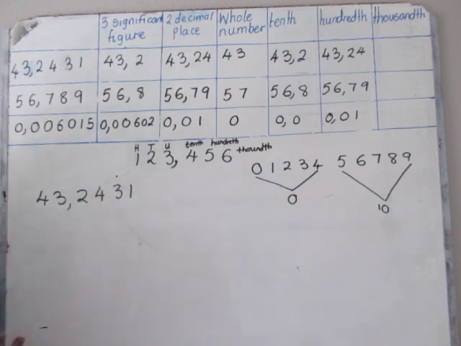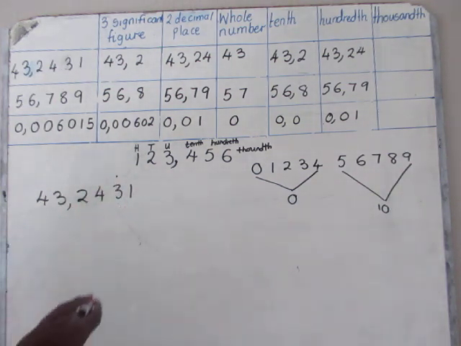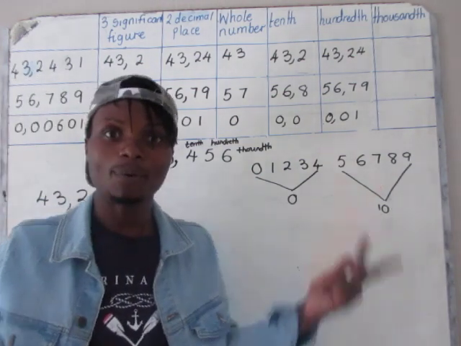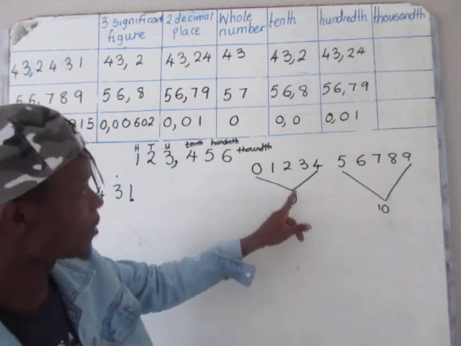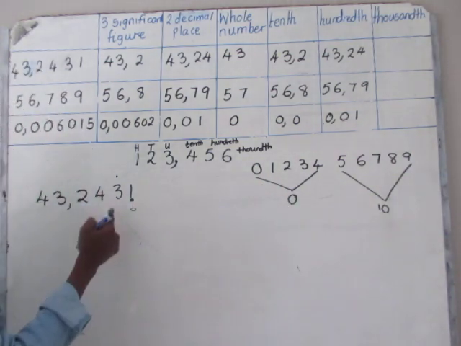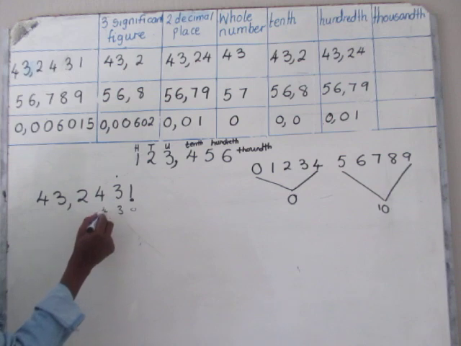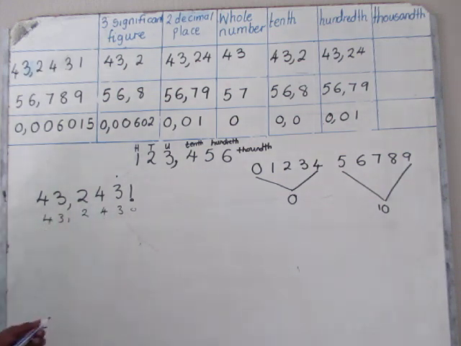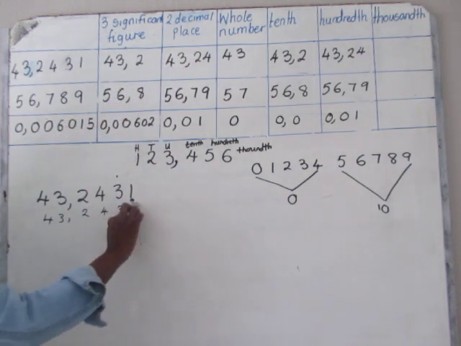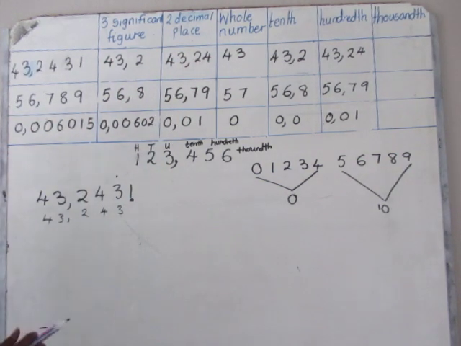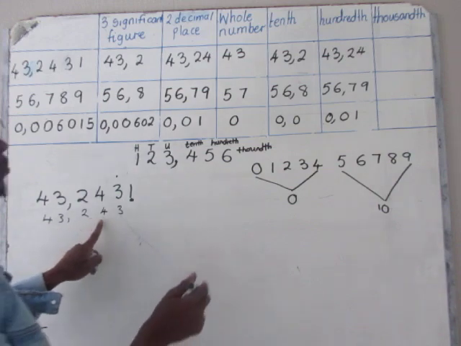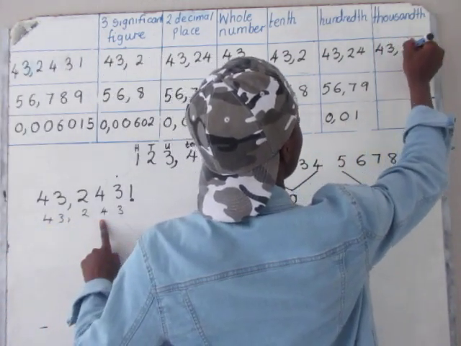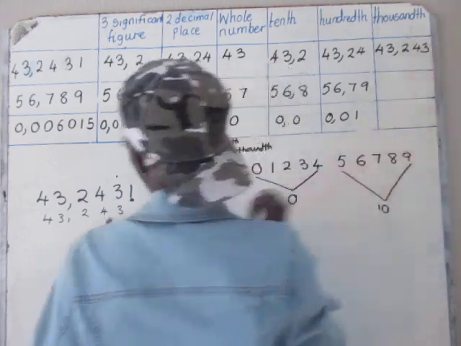So this is the number we're interested in. So we look at the number immediately after the thousandth, which is 1. Does 1 round up or down? 1 is going to round down to 0. 3 is not going to change. 4 remains the same. 2 remains the same. 3 remains the same. And since we only need the thousandth, this guy is eliminated. So we're left with 43.243.